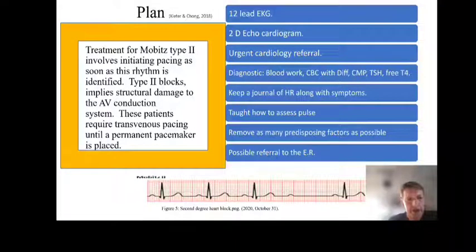When this is finished and the patient is stable, then we can look at 12-lead EKGs regularly, 2D echocardiograms, diagnostic blood work, teach the patient to assess pulse, remove as many of the predisposing factors as possible, and always refer to the ER when necessary.